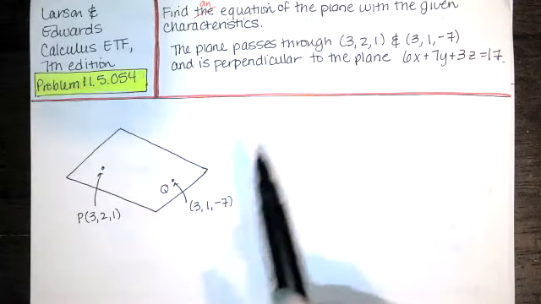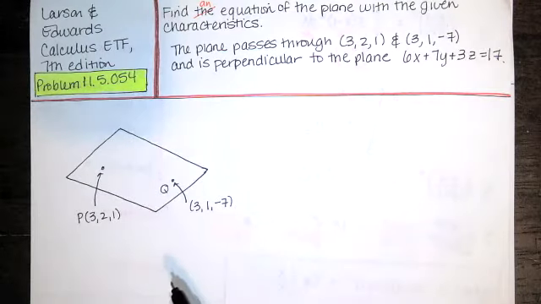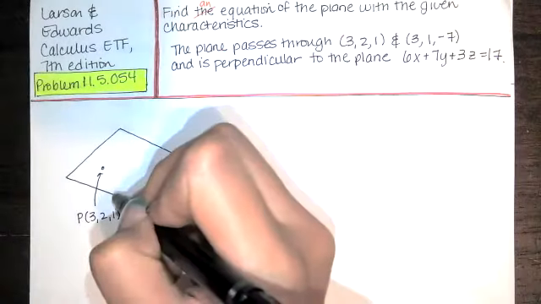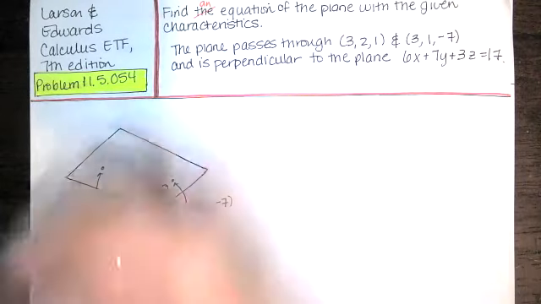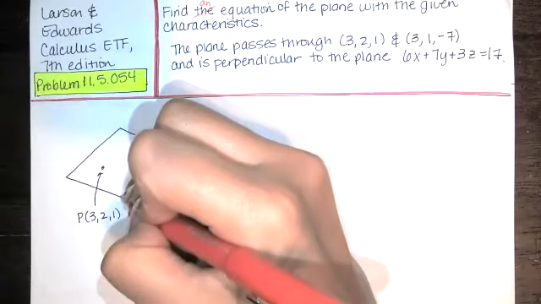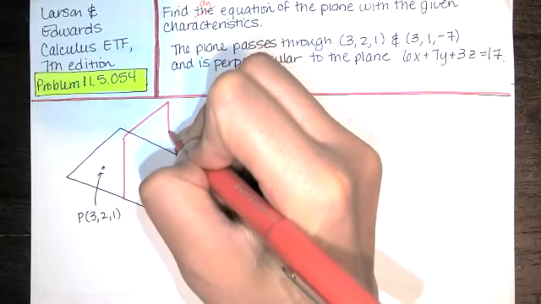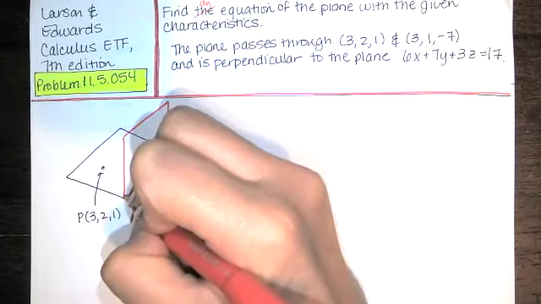Now I'm told that my plane, the plane that I've drawn here, is perpendicular to another plane. So I guess we have to imagine a second plane that meets it at a right angle. So I'll try to draw a plane at a right angle to this one. We just do the best we can.